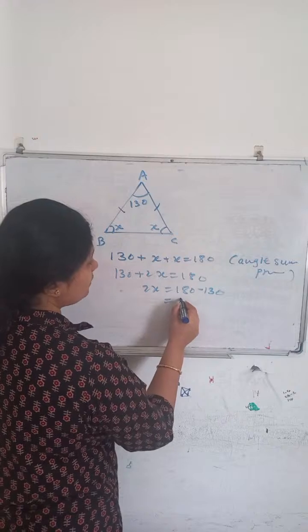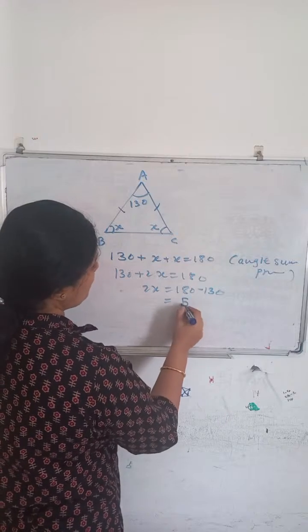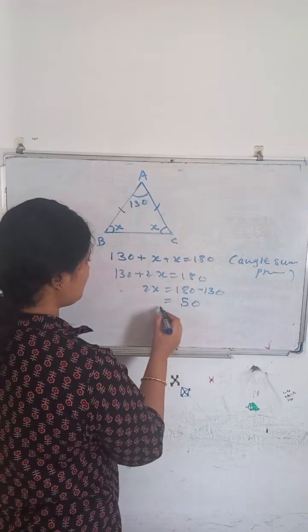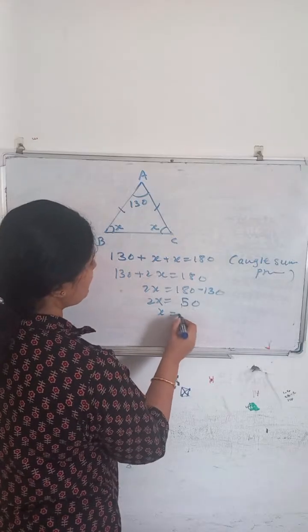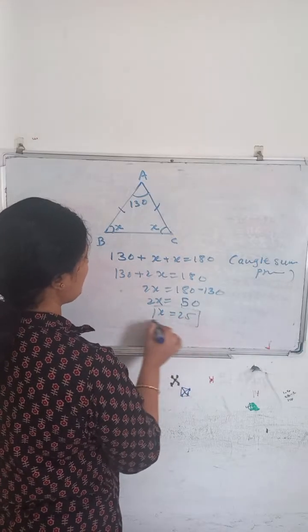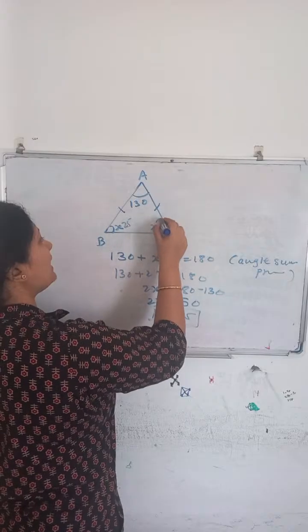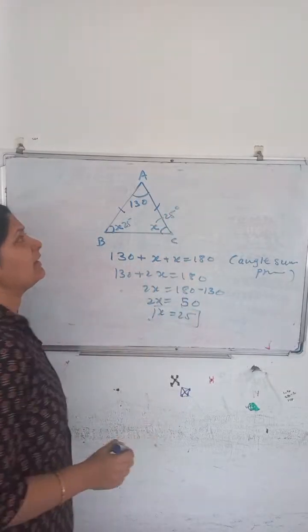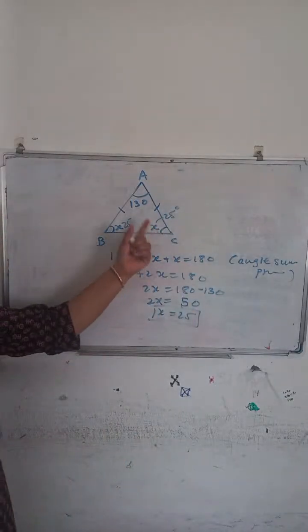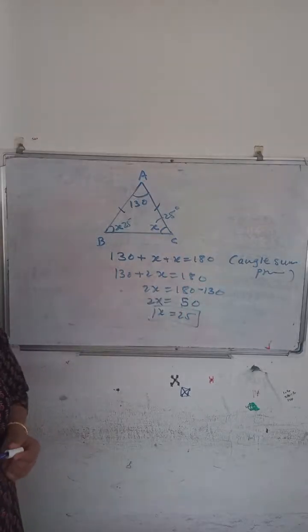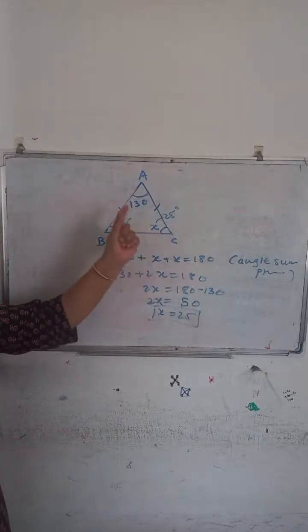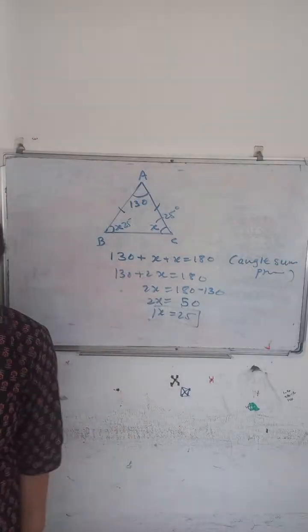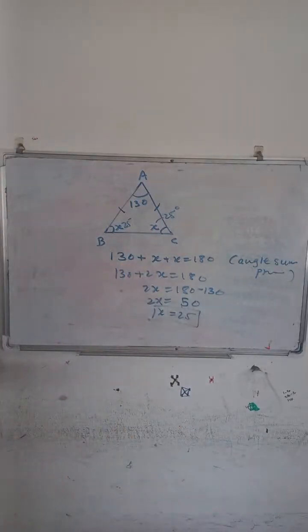That is equal to 50. Once you get 2x as 50, x is equal to 25. So this is also 25 and this is also 25. 130 plus 50 is nothing but 180. This triangle angle sum is verified and we got the unknown angles x.